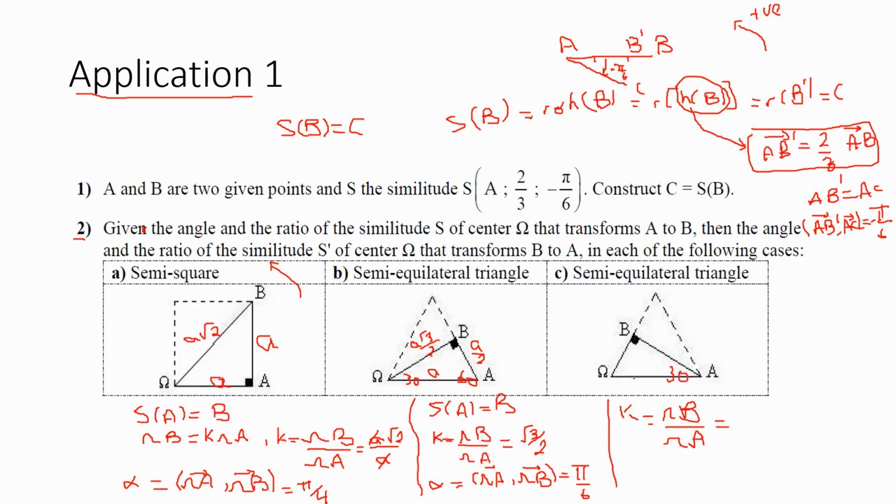So the ratio is A over 2 over A, equal half. And the angle alpha, omega A, omega B, is 60, that is pi over 3.